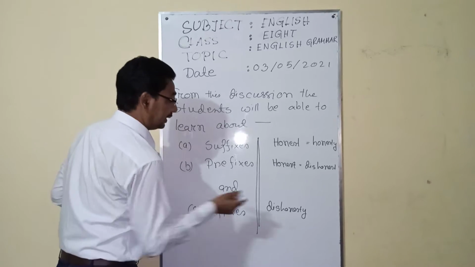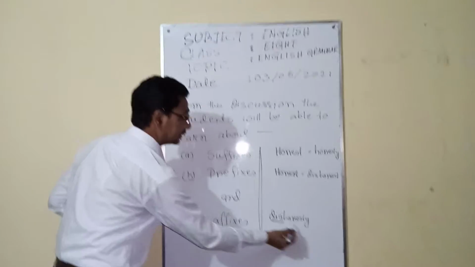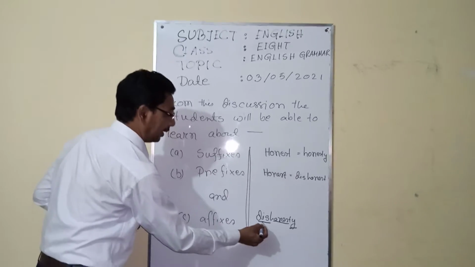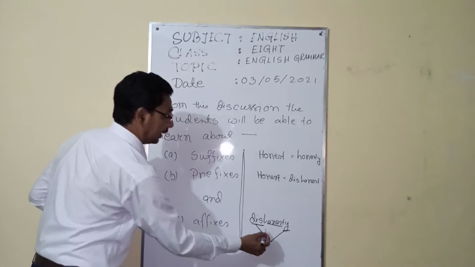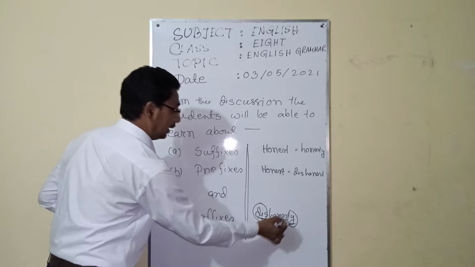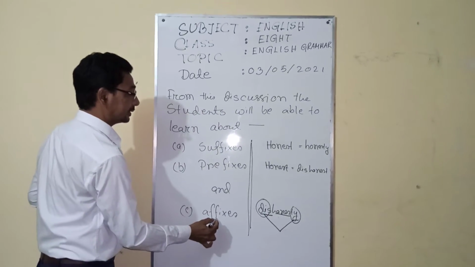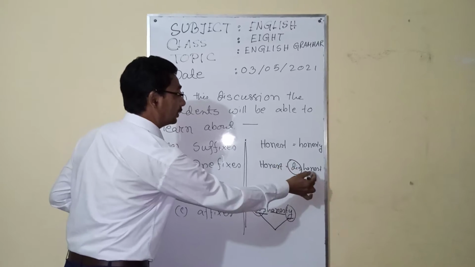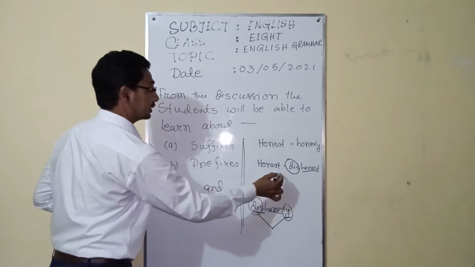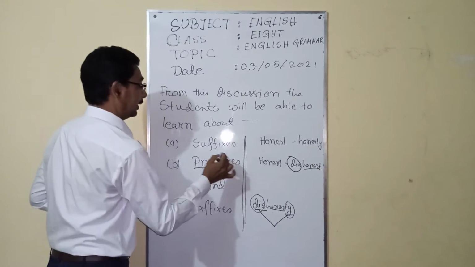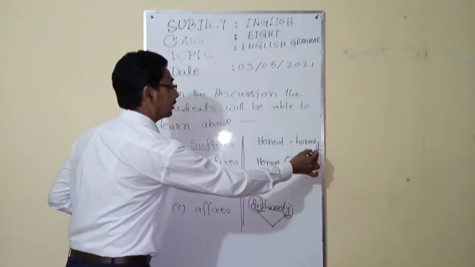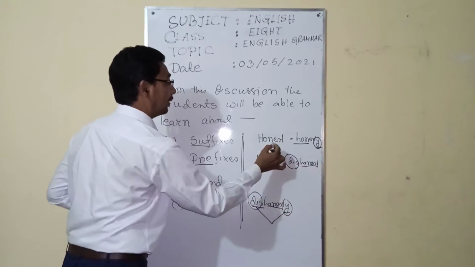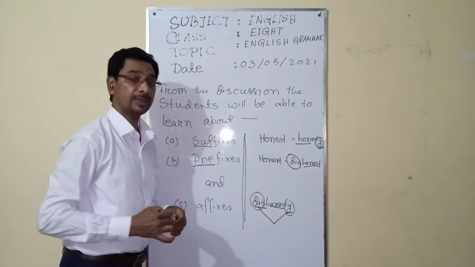The main word is honest, and I have added dis before and y after, and this is called an affix. Pre means before, and suff means after. If you add a syllable after the main word, this is called a suffix.